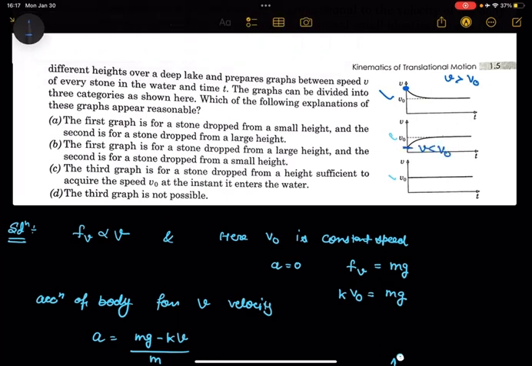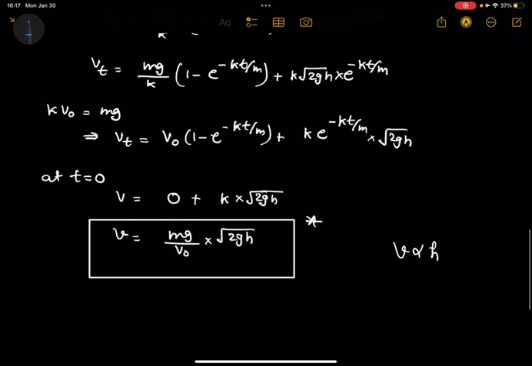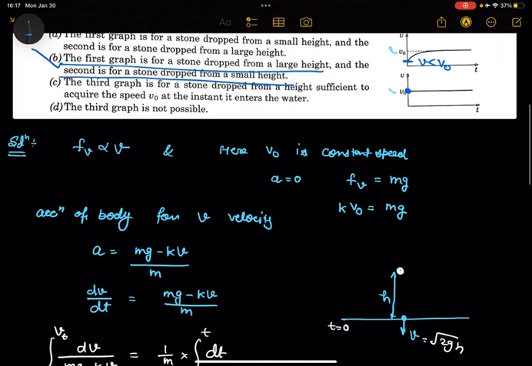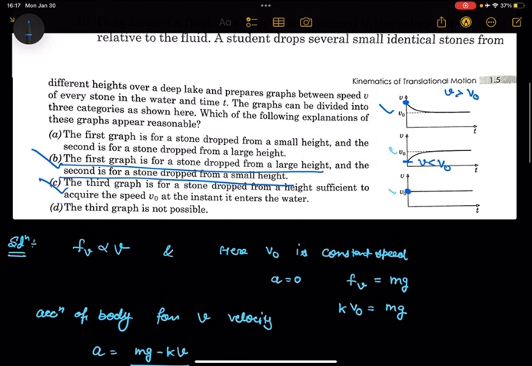So this height is less than that height. So the first stone is dropped from the large height and the second stone is dropped from the small height. This is the answer B. And for a sufficient height, at this instant, the velocity under root 2gh is equal to v naught. So there is also one more answer.